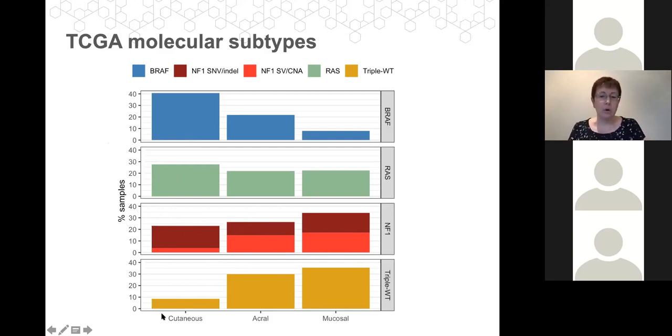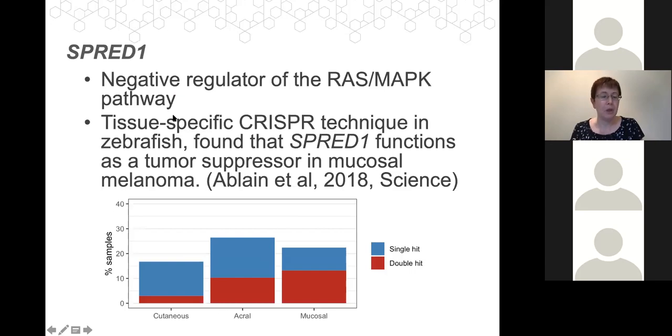Cutaneous has quite a small proportion of triple wild type, whereas acral and mucosal have at least 30% of tumors which fall within this category, and this is because they have mutations in other genes which are less frequent in cutaneous melanoma. One such gene is SPRED1, a negative regulator of the RAS-MAP kinase pathway.